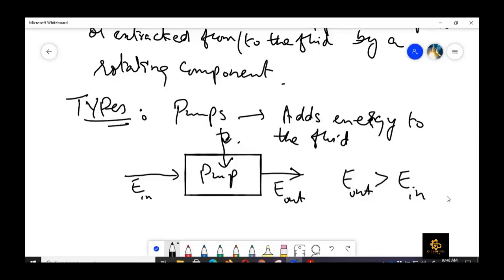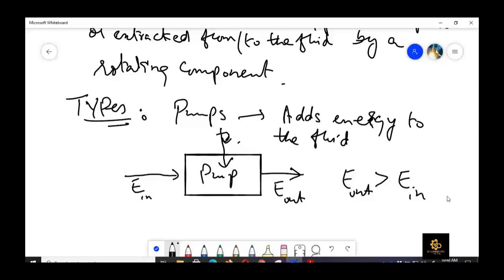So that is one purpose of pump. So now, what are the practical examples of pumps? They are like centrifugal pumps and axial pumps. Then we have got fans, blowers, and compressors.